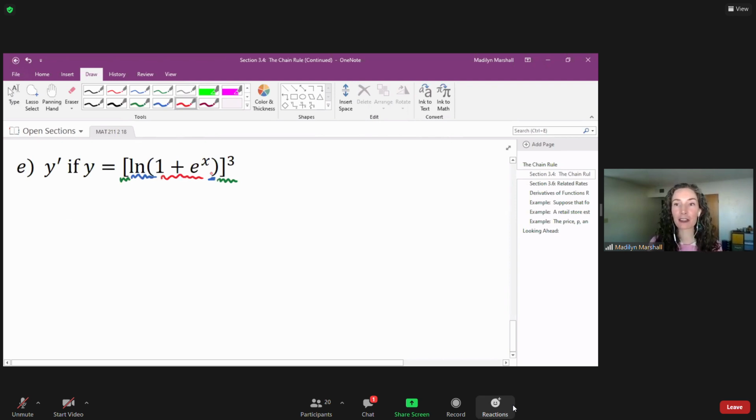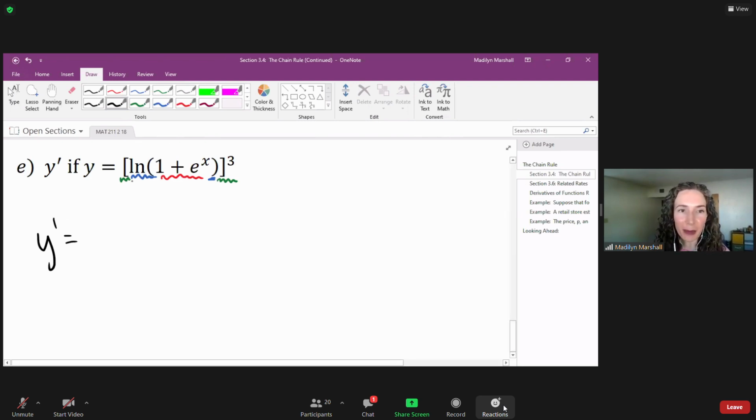So we do have 3 functions composed here. We have the cube on the outside, then the natural log, and then the 1 plus e to the x on the inside. And so if we're doing the chain rule to find this, we now have 3 layers to go through for our chain rule.